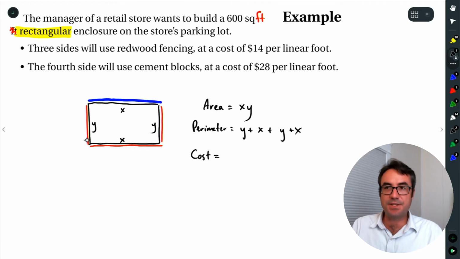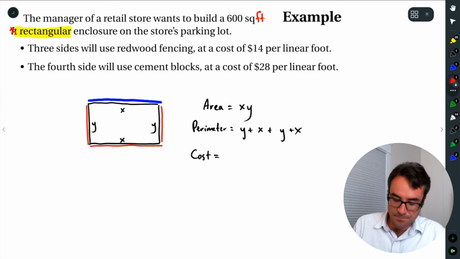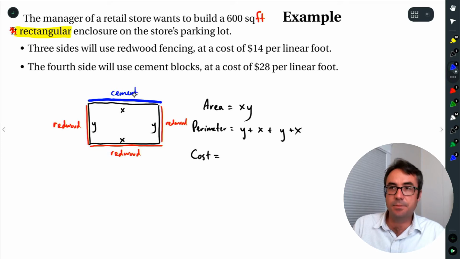Let's start with this left side here. This is going to be our redwood fencing. This one's going to be our redwood fencing. And this one over here is going to be redwood fencing. And then we have our cement block over here that's going to cost a little bit more.